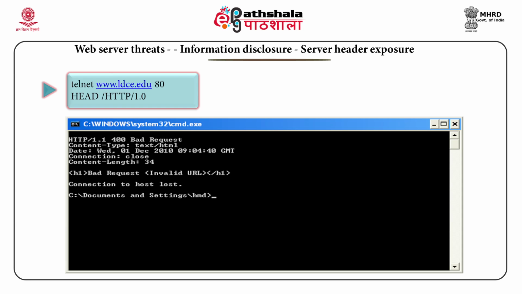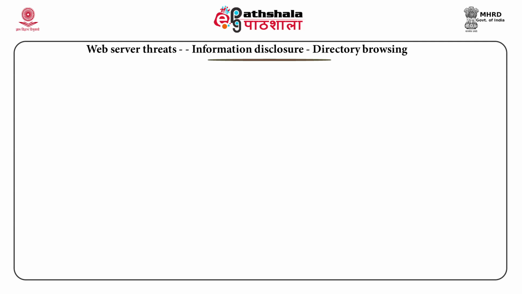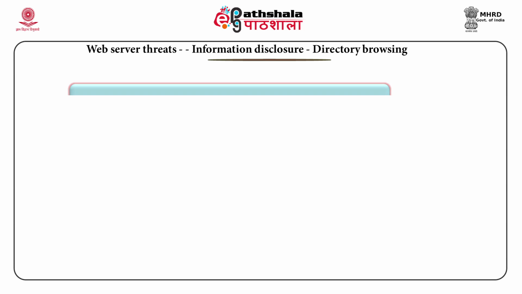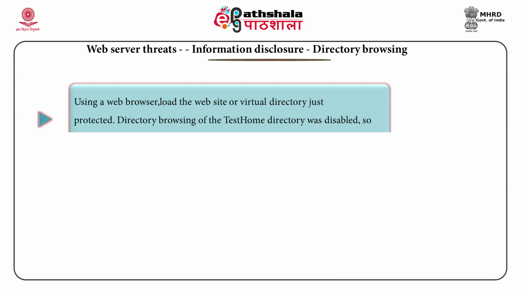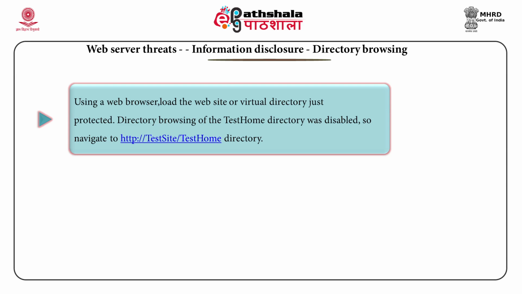Information disclosure, if we go ahead, the next point was directory browsing. Directory browsing is all about using a web browser to try to load a website or virtual directory. We need to check whether directory browsing is enabled or disabled.